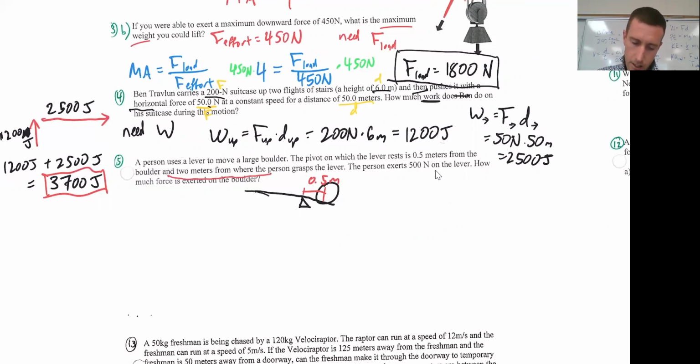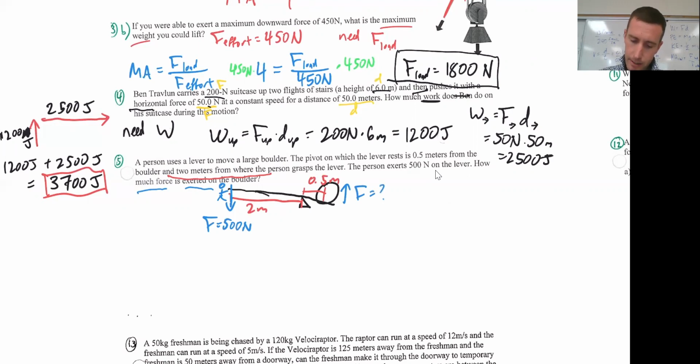So I'm going to go out here and put a little person. Hi, I'm grasping the lever. And that is 2 meters. If the person exerts 500 newtons on the lever, so over here, the person has a force down of 500 newtons. How much force is exerted on the boulder? So we're asking how much force is over here.